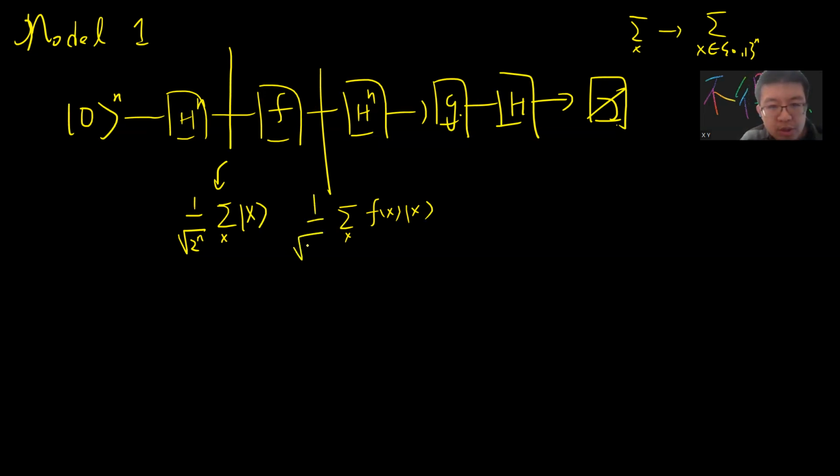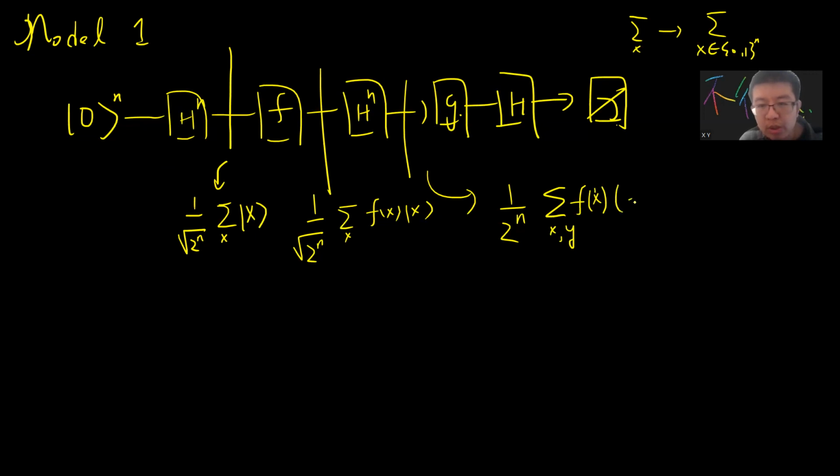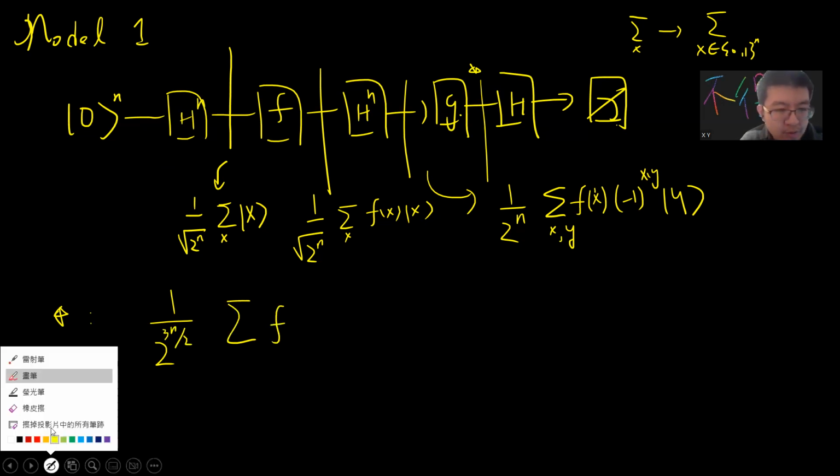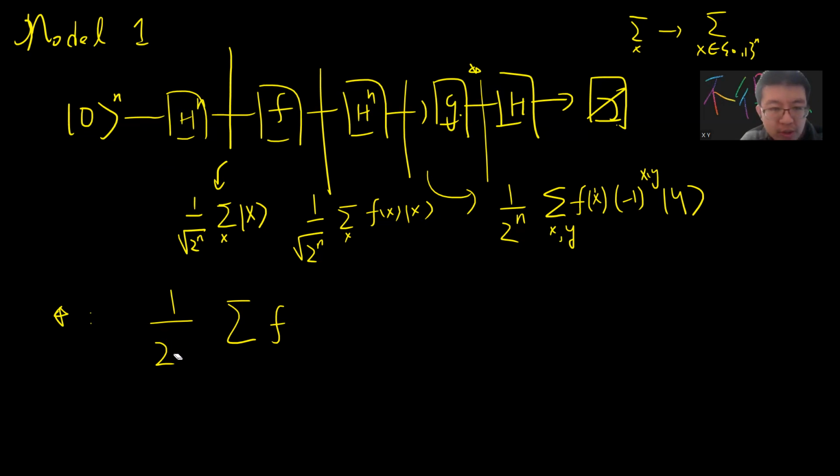Now you apply Hadamard again, so you get 1 over 2 to the n, summation over x and f of x, and then y, because x changes into y, so (-1)^(x·y). Now you apply g. For this part, you get 1 over 2 to the n. Sorry, it's not 3n divided by 2, it's still n.